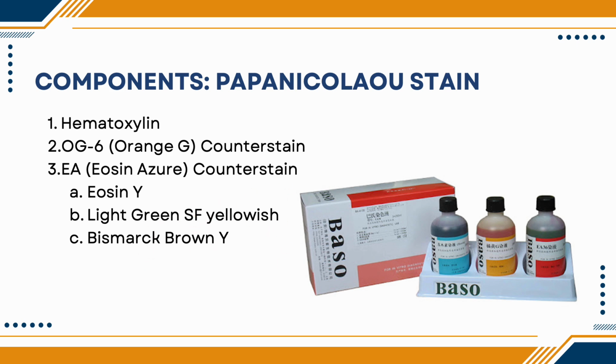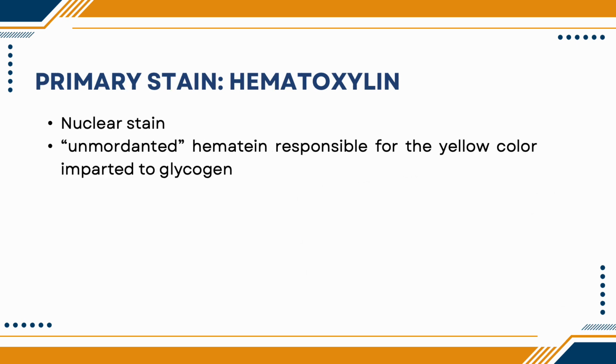So, atin silang iisa-isahin. I'm sure you're already familiar with hematoxylin. It is a nuclear stain. Bakit siya nuclear stain? Remember that hematoxylin has an affinity for acidic structures. And remember, ano ba yung meron sa nucleus? Nucleic acid. So, hematoxylin, which is basic, will then bind with the nucleus.